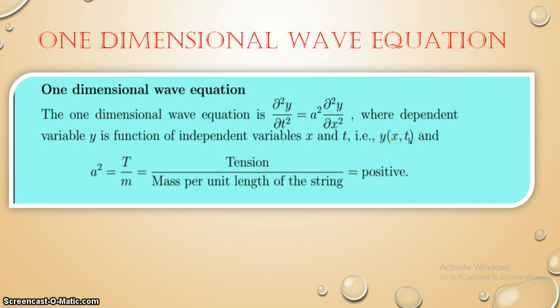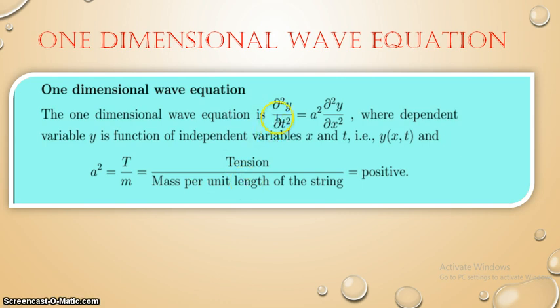We denote the one-dimensional wave equation here, where a² is T/m, that is capital T divided by small m. T is tension, and small m is mass per unit length of the string. This one is always positive.